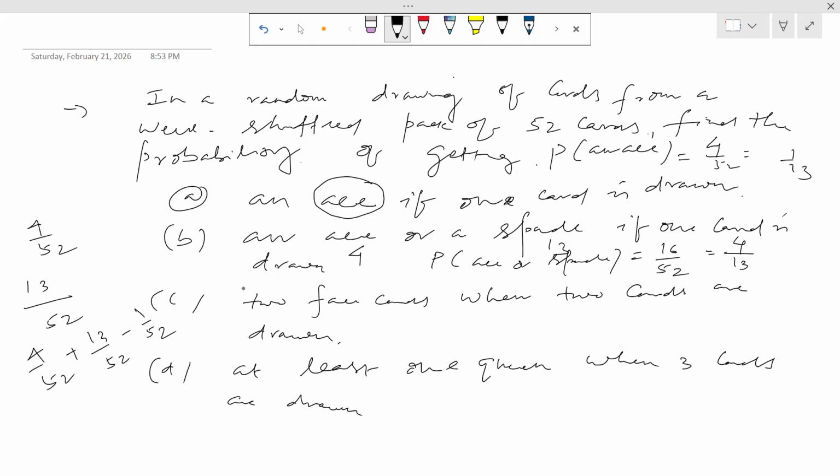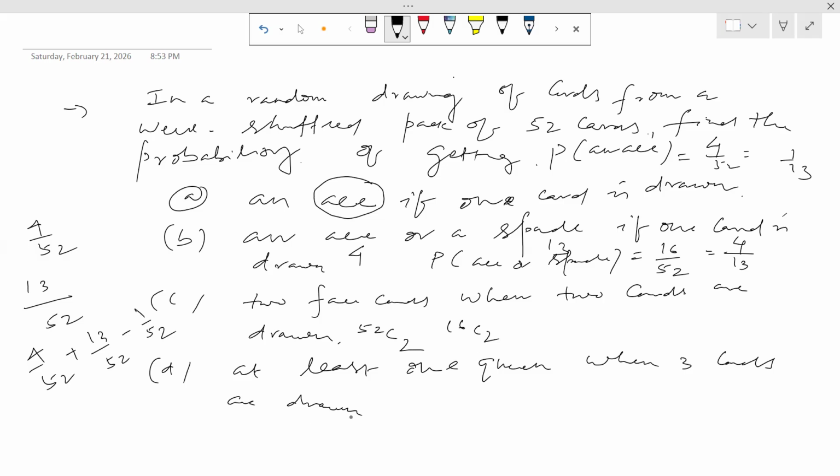So when two cards are drawn, there are 52C2 possible outcomes, okay, and out of which two face cards will occur in 16C2 cases.